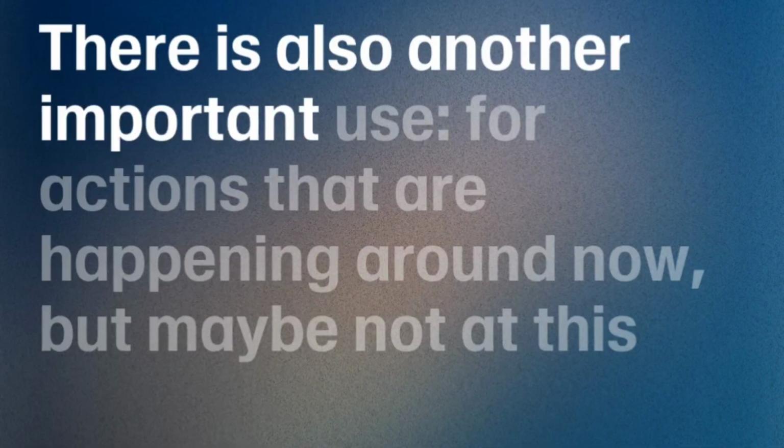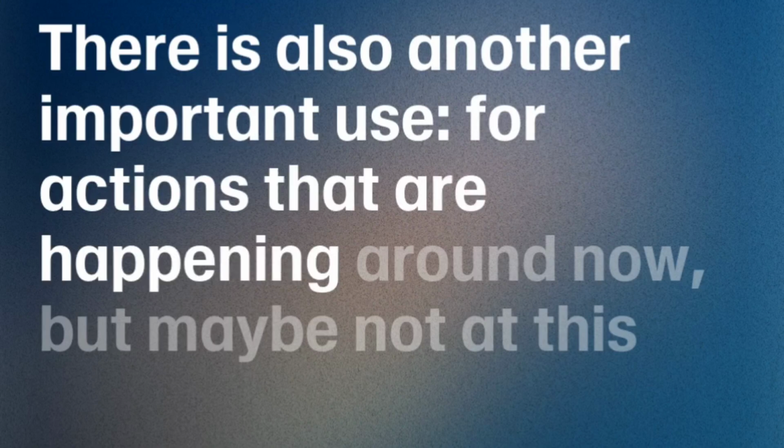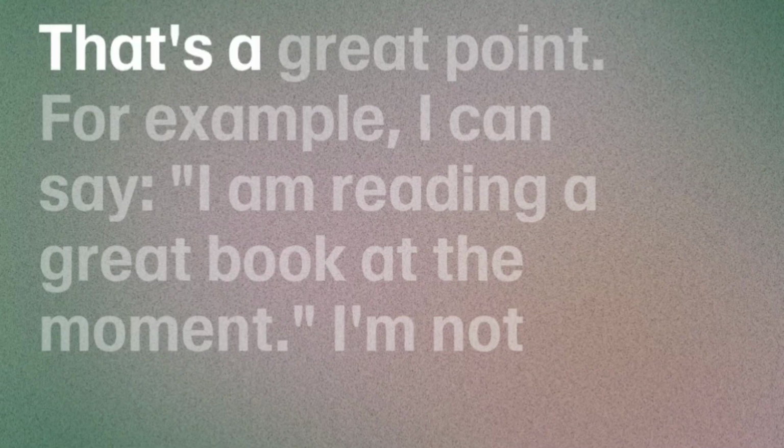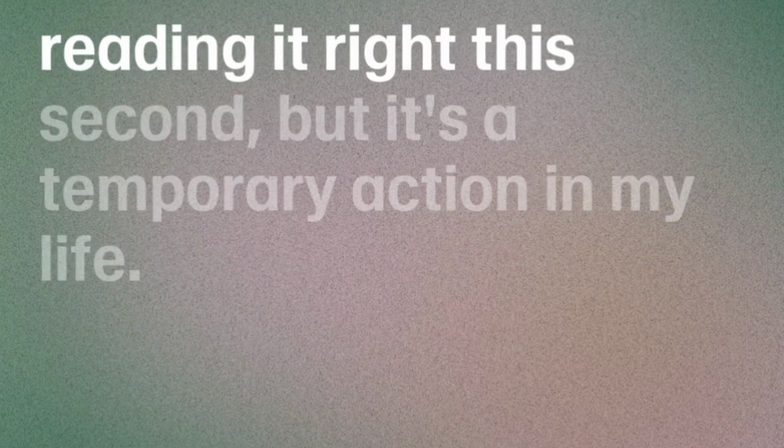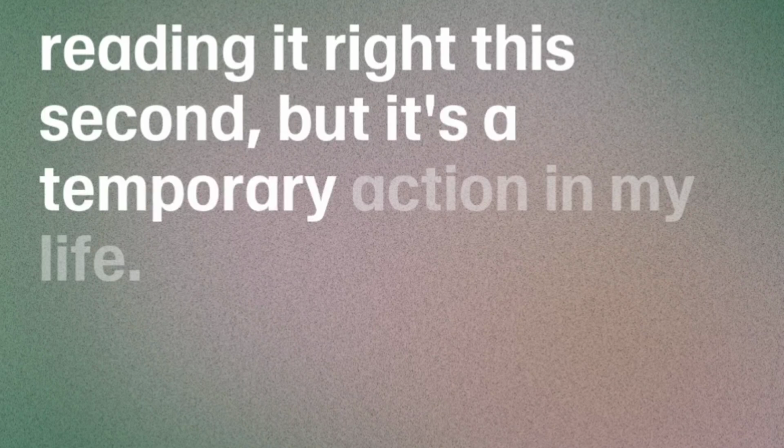There is also another important use for actions that are happening around now, but maybe not at this exact second. These are temporary situations. That's a great point. For example, I can say, I am reading a great book at the moment. I'm not reading it right this second, but it's a temporary action in my life. Exactly.